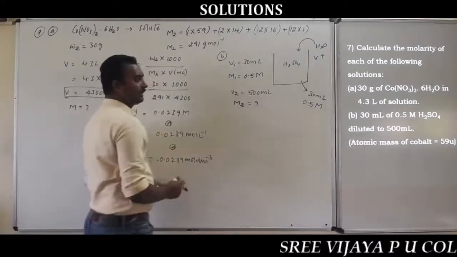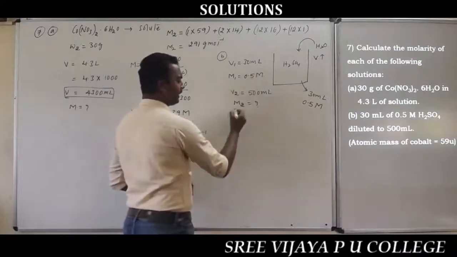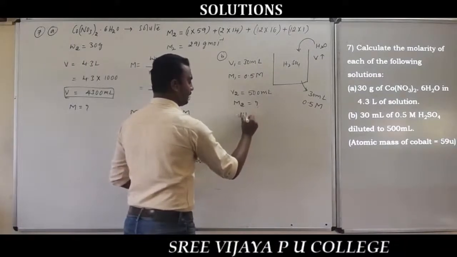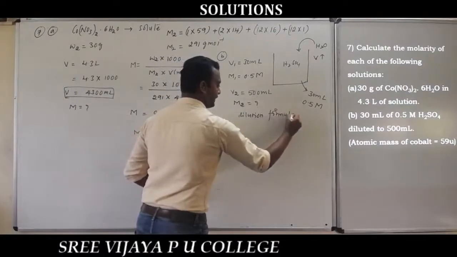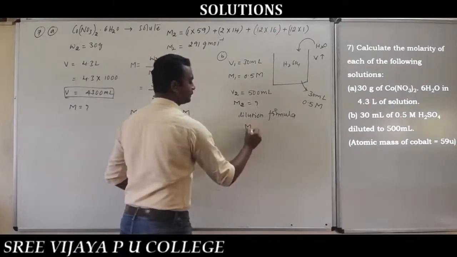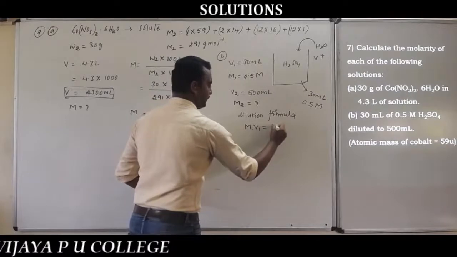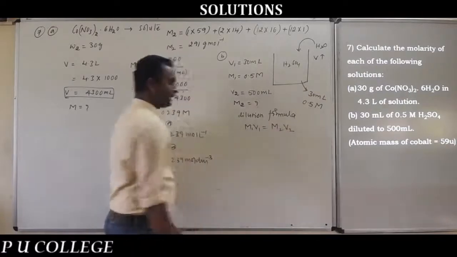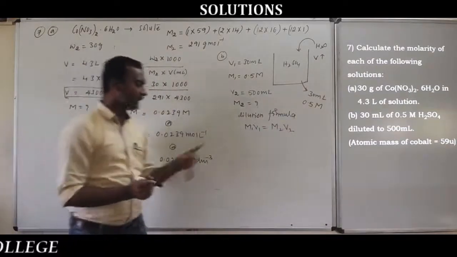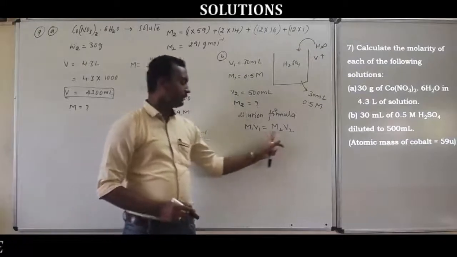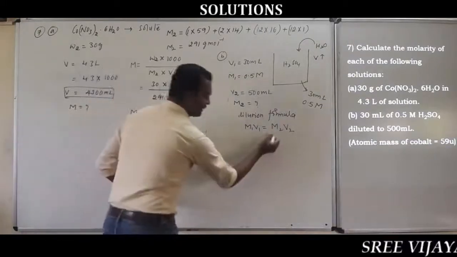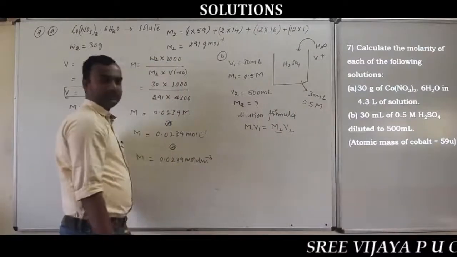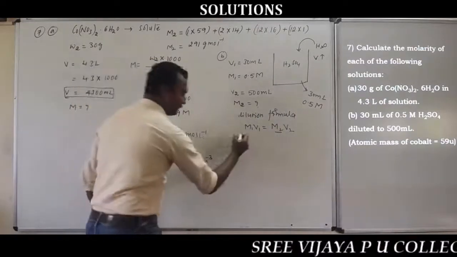So how do we calculate? For dilution we use the dilution formula, that is M1V1 is equal to M2V2, where M1 and V1 are the initial molarity and initial volume, and M2 and V2 are the final molarity and final volume. Our intention is to calculate M2, the molarity after dilution to 500 ml.